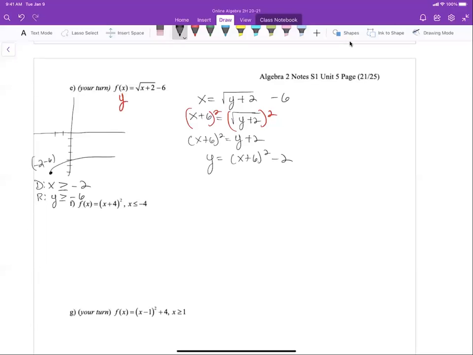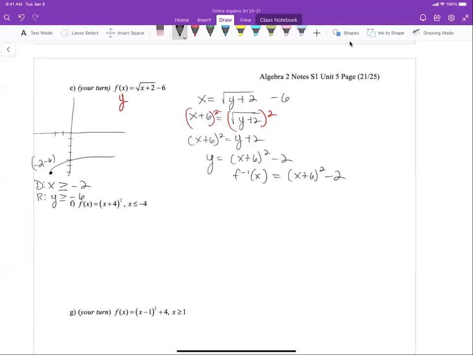We need that information because we need to evaluate the domain constraints of the inverse function. So we just solved for y on this inverse function. We need to put it in correct syntax. So the inverse function of x, which is what we just found, is x plus 6 squared minus 2.